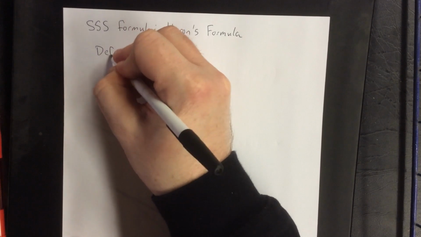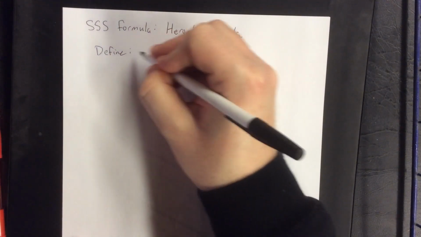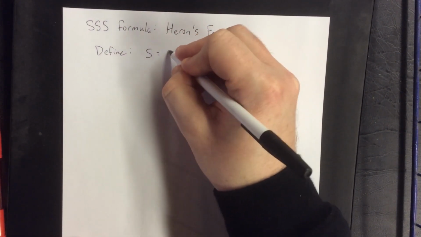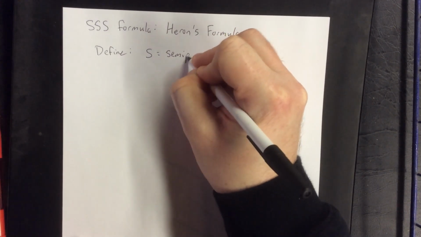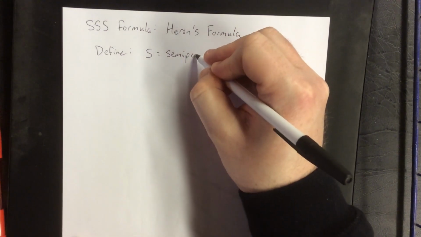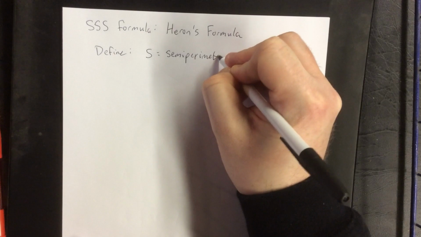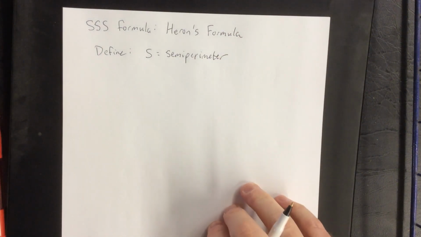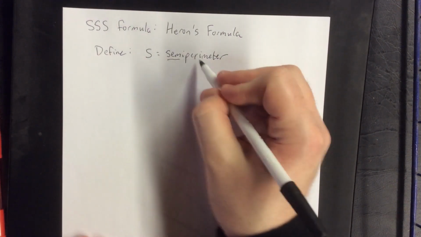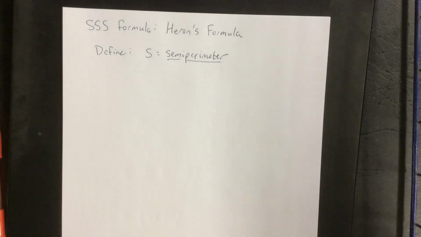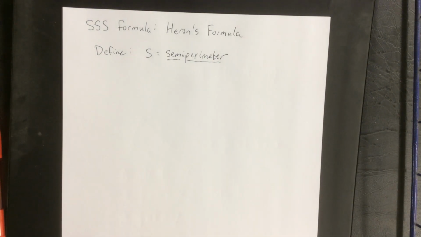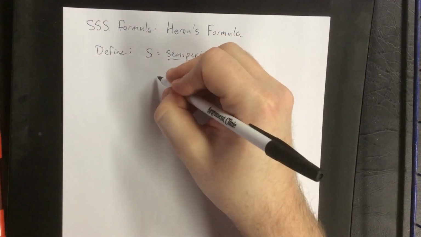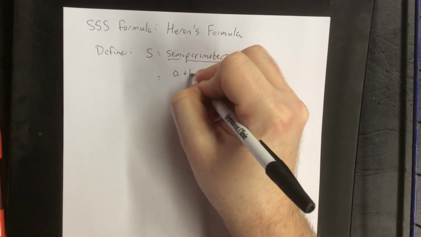So first thing we're going to do is define a variable. That variable is going to be referred to as S. S stands for the semiperimeter of a triangle. Semiperimeter is so named because semi refers to half of something, and perimeter refers to the sum of the three sides of a triangle.